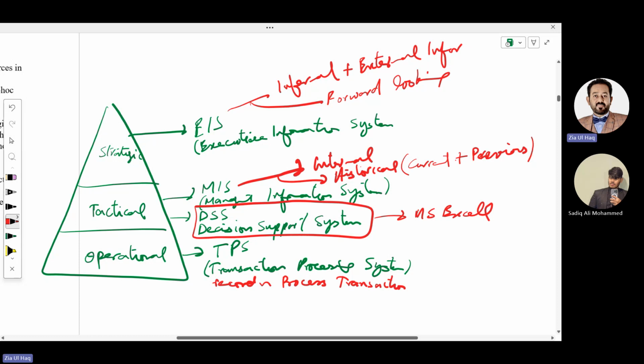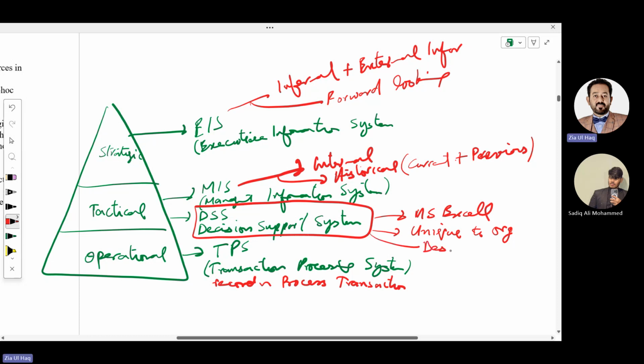And every organization has its own DSS, meaning this is unique to the organization, and one organization's DSS cannot be used in any other organization. It is designed according to the operation system of one organization, meaning this is bespoke.